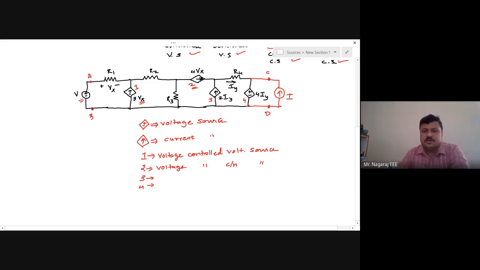So source 3 is a current controlled current source. Then source 4 has plus and minus. It is a voltage source. The controlling parameter is current. Therefore, it is a current controlled voltage source.